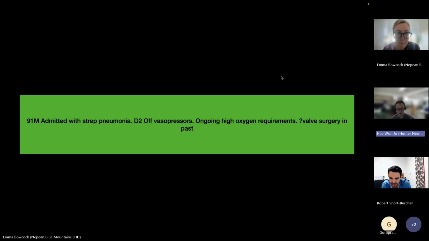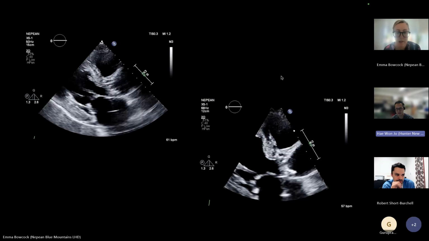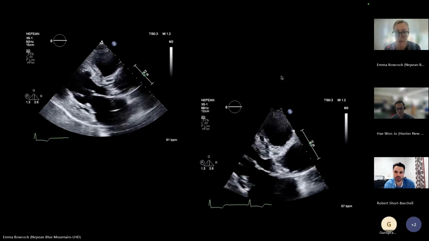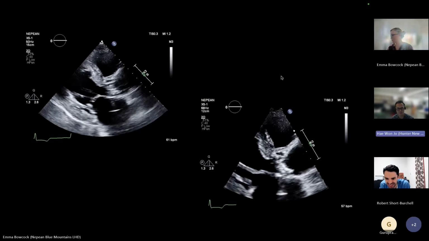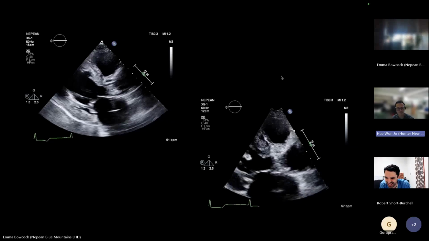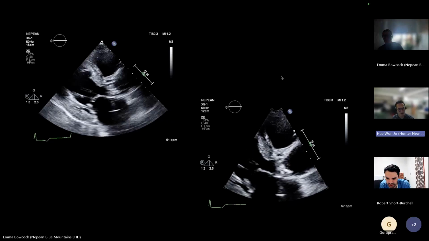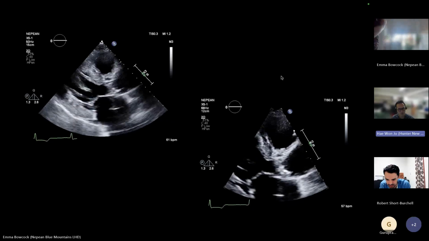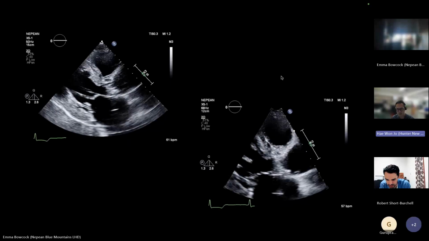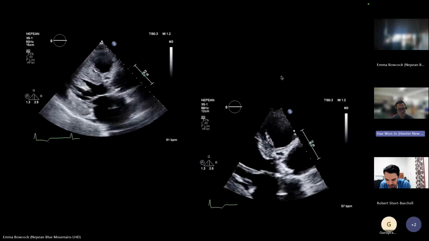91-year-old with strep pneumonia, off vasopressors, but ongoing high oxygen requirement. Maybe has had valve surgery in the past. Okay. So, parasternal long axis view. The patient does seem to have an aortic valve prosthesis.